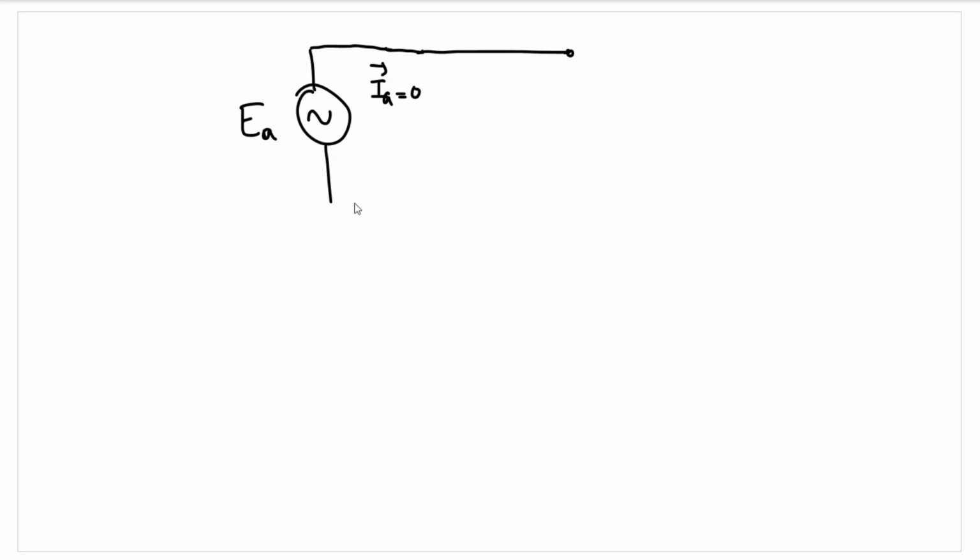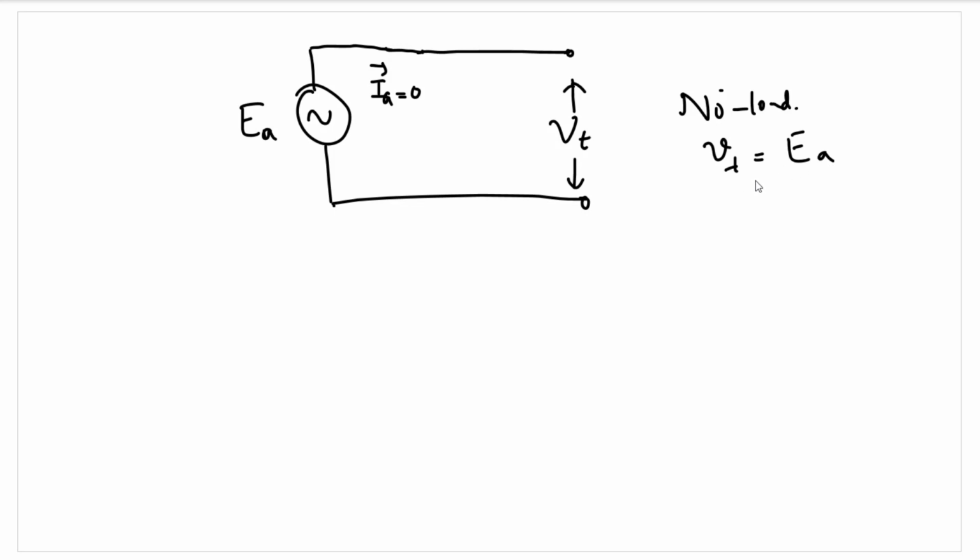We can directly show that the output voltage at the terminals will be equal to the input voltage, equal to the generated voltage. At IA zero, for an unloaded condition, when we are not loading the armature, we can simply say the terminal voltage that's available to us will be equal to the induced voltage in the synchronous generator.